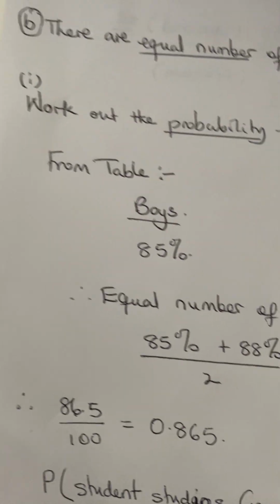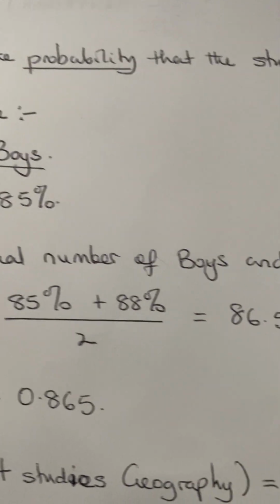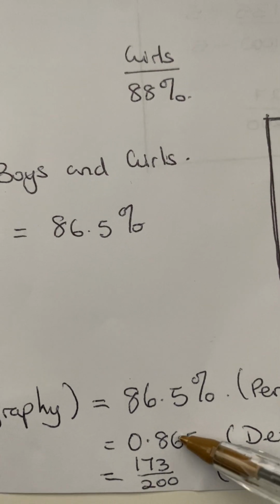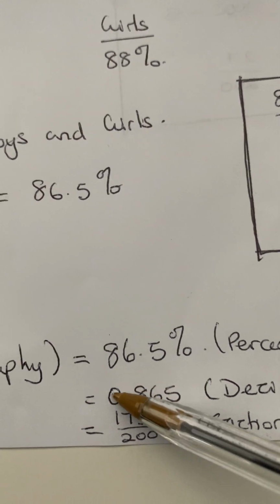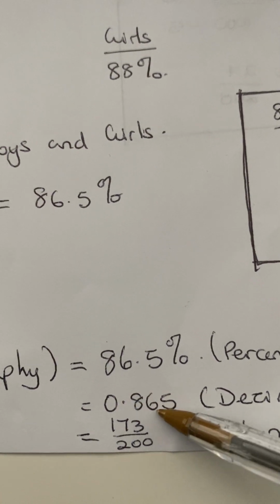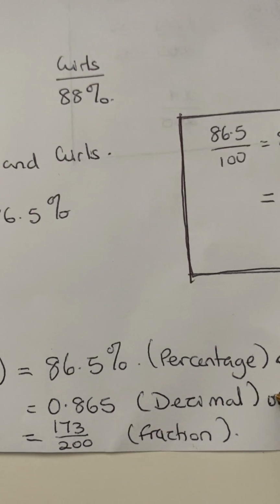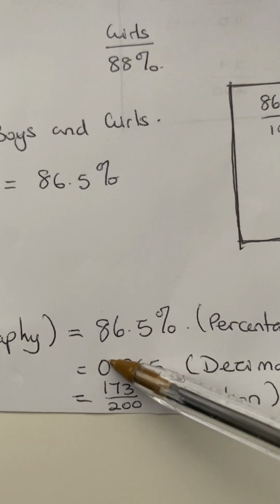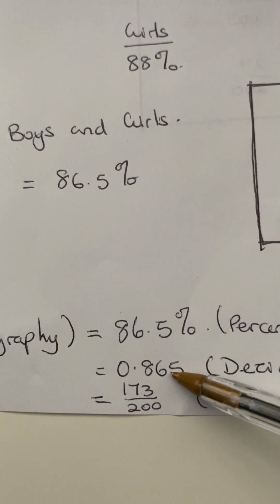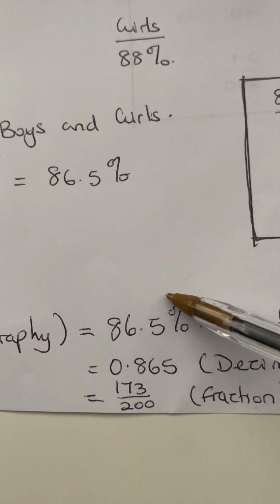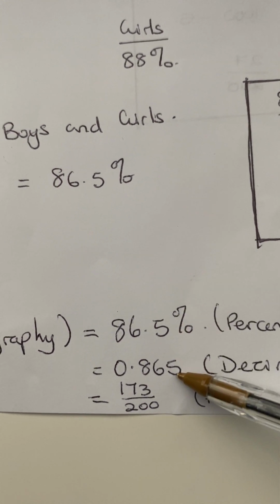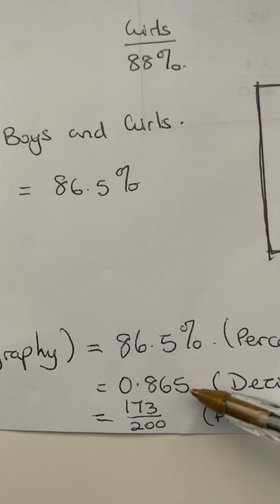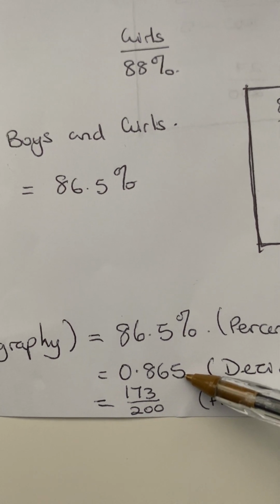But if they say leave your answer as a decimal, then you go ahead and write 0.865. That is in decimal. This is to 3 decimal places. We know how to change percentage to decimal. Go and watch earlier videos.